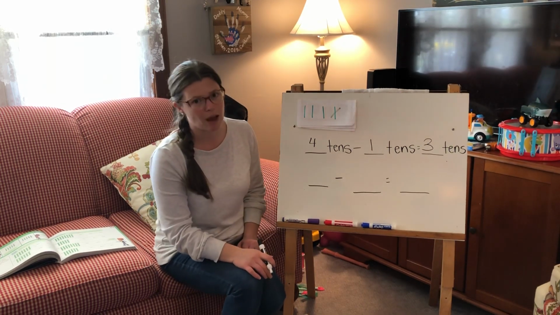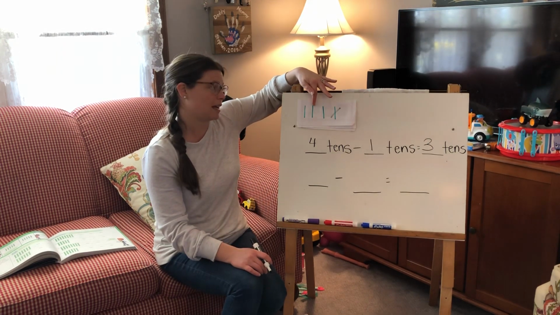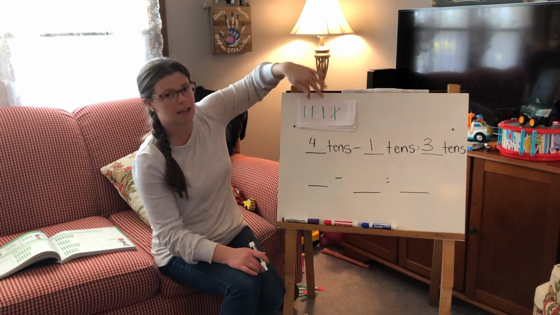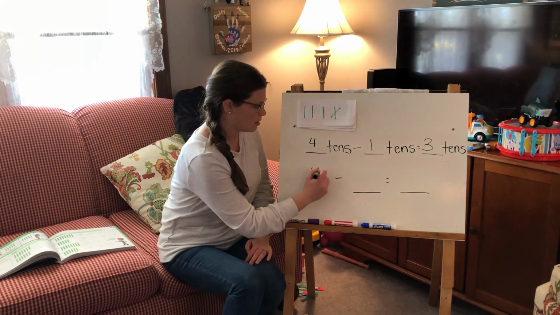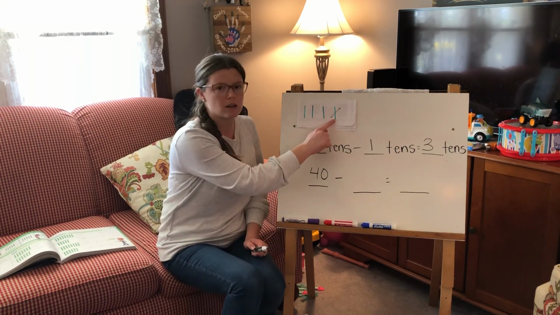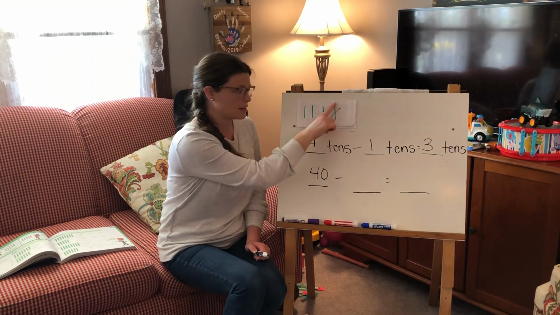So now let's count by tens. Ready? 10, 20, 30, 40. There's 40 in all. Minus, well, they crossed off 1 ten stick. So we're going to subtract 10.